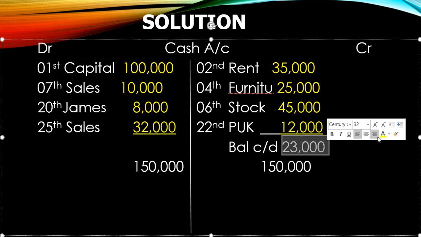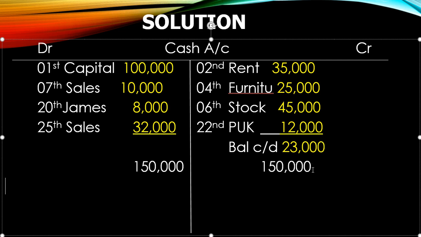Now, this is how we balance the ledger accounts. I'm going to balance this one, and then you'll balance the others. Now, this balance carried down here, you bring it here now. Bring it here, balance brought down.